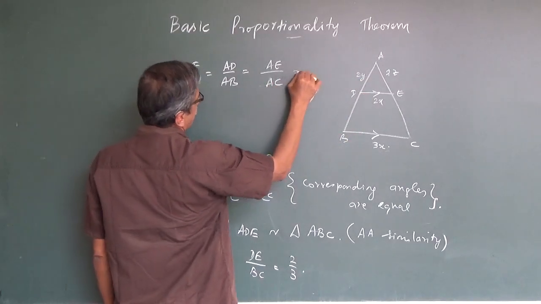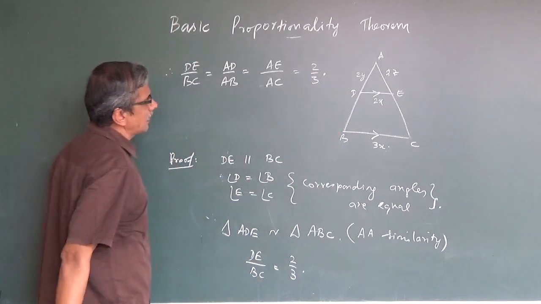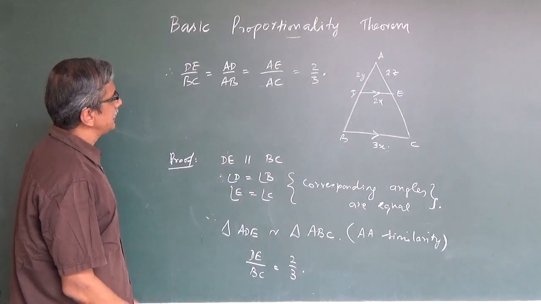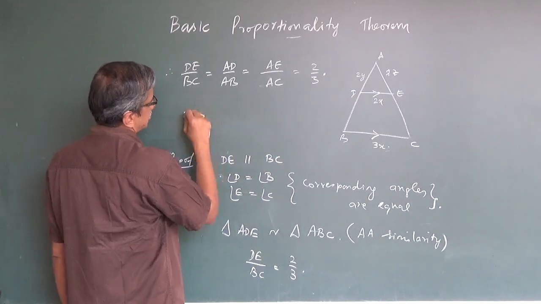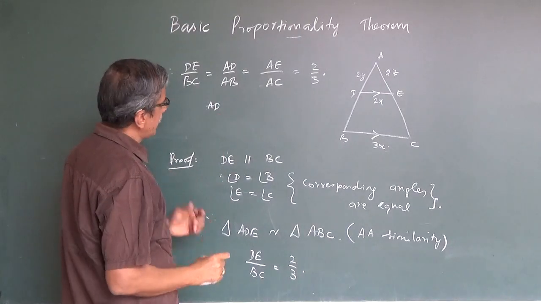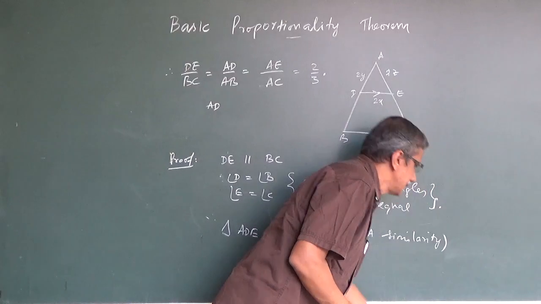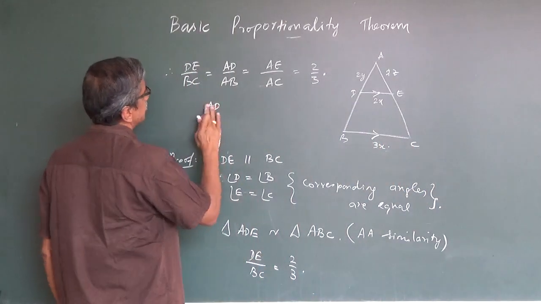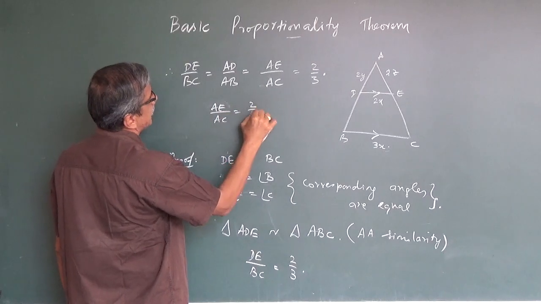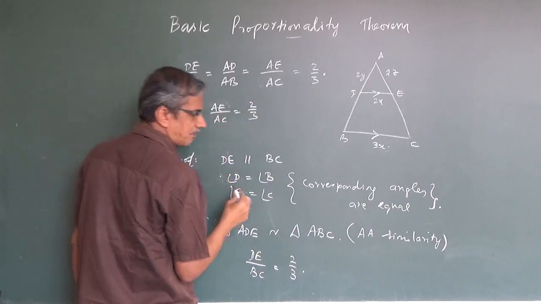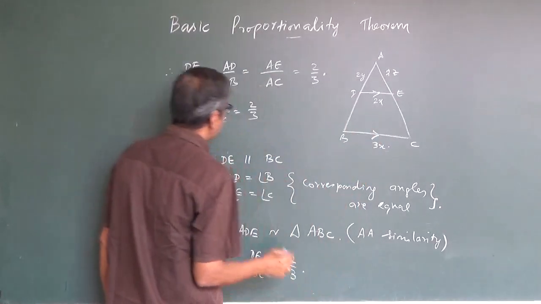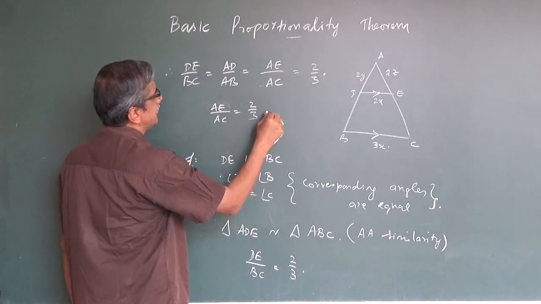So all of them are equal to 2 by 3. Now AD by AB is 2 by 3. We have to find out AE by EC. AE by AC is equal to 2 by 3, we have found out.